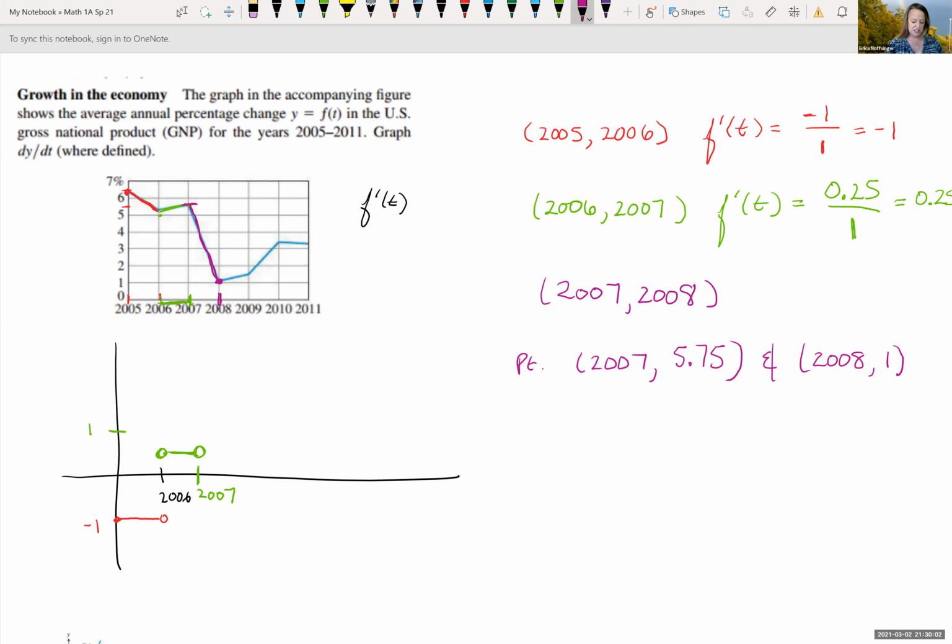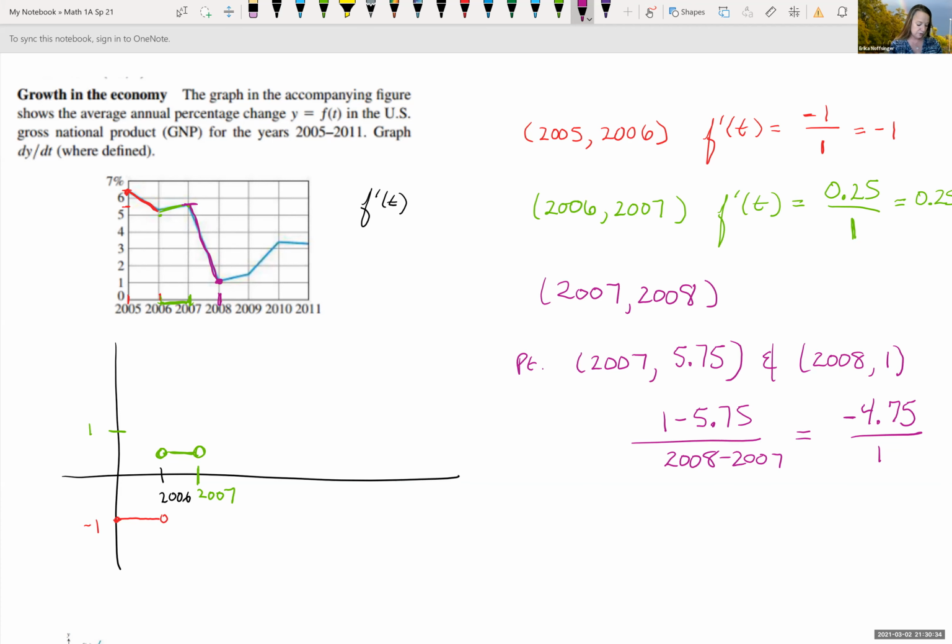So let's look at the rate of change at that piece. So we have 1 minus 5.75 all over 2008 minus 2007. So 1 minus 5.75. Well, 5.75 minus 1 is 4.75, but the larger number was negative. So it's negative 4.75 all over 1. And so we're going to be below the x-axis.